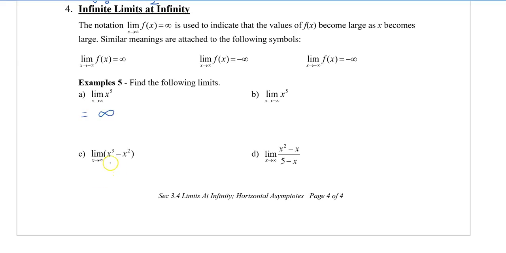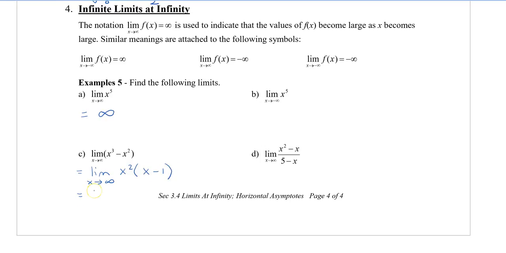Now our second one seems a little bit odd. We have infinity cubed minus infinity squared. So would that be 0? Well, I'm going to do a little bit of manipulation here, and I'm going to factor out the x squared. So then I have x minus 1.